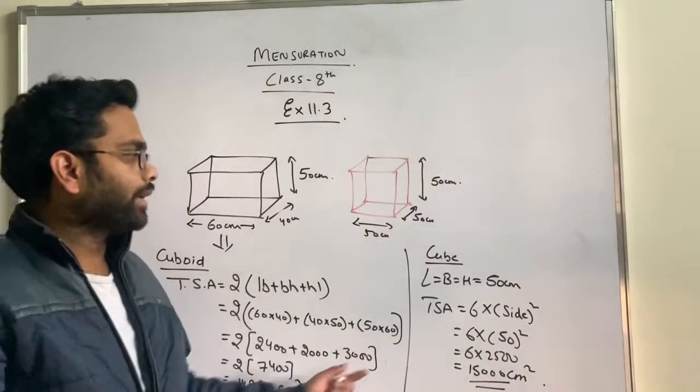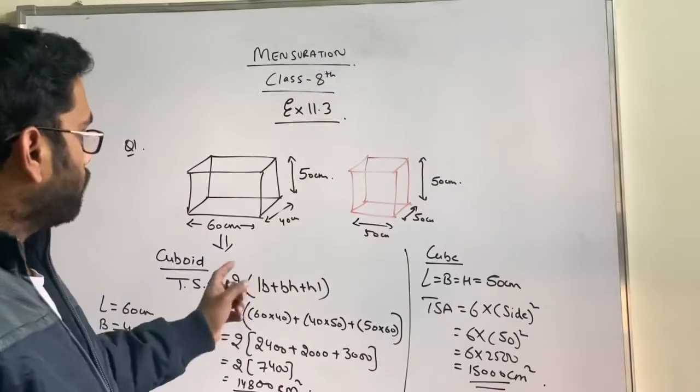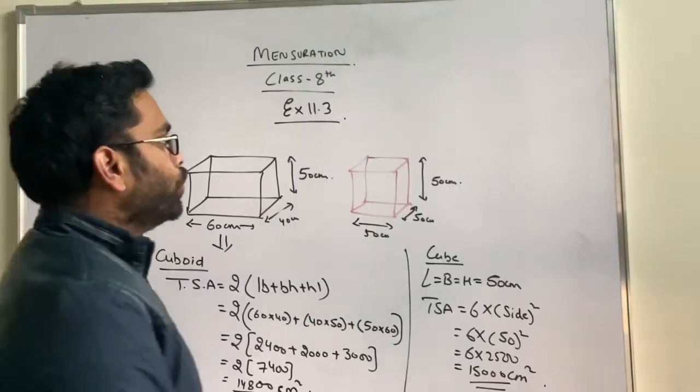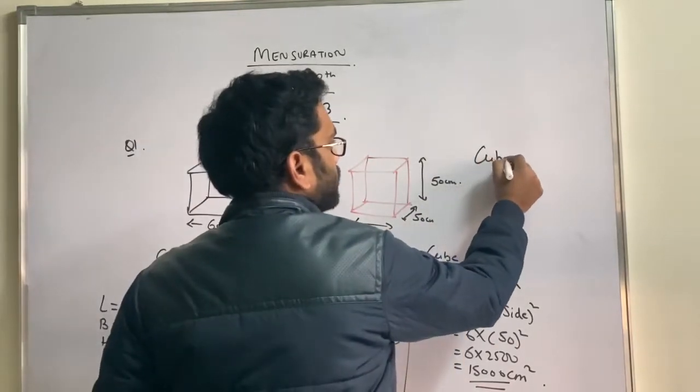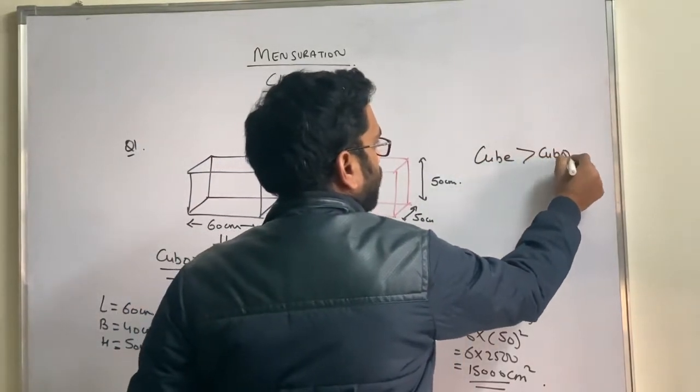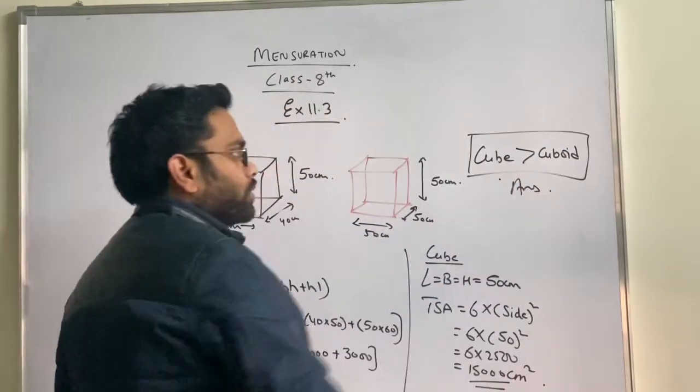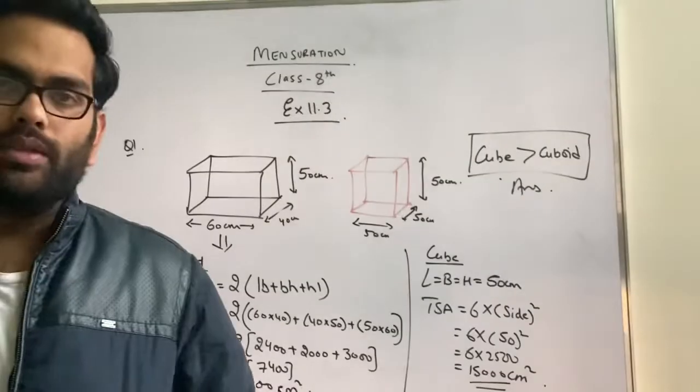So now you can compare both the surface areas, and you will find that the cube needs more than the cuboid. I hope you are clear with question number 1.